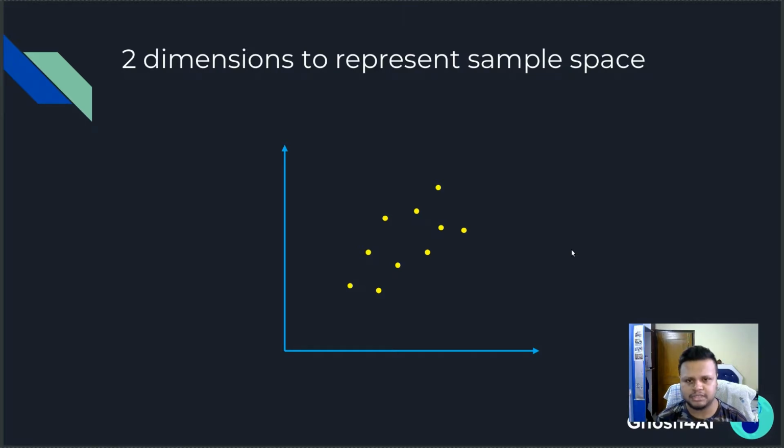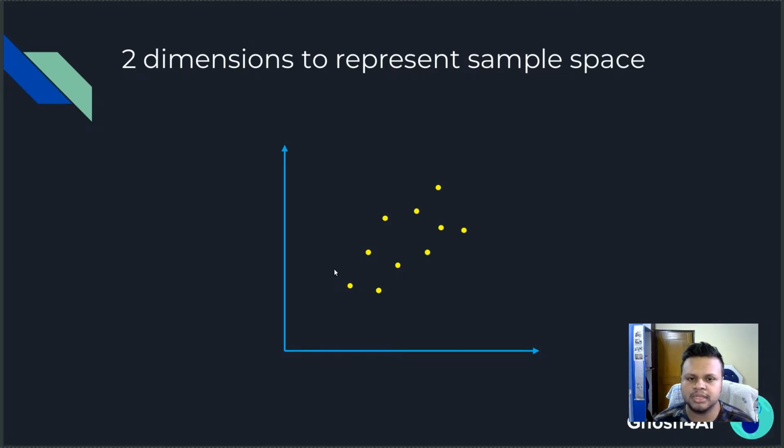Now, what does PCA do basically? Say we have this representation of our data or sample points in 2 dimensions, that is the x-axis and the y-axis, and we want to convert this sample space into a different space with a lower number of dimensions. Say from a 2-dimensional representation, we want to map them into a single dimensional representation.